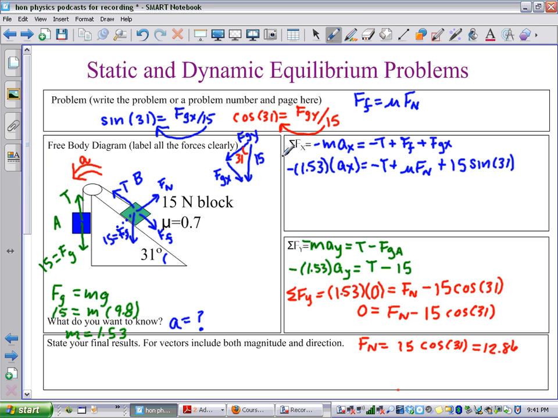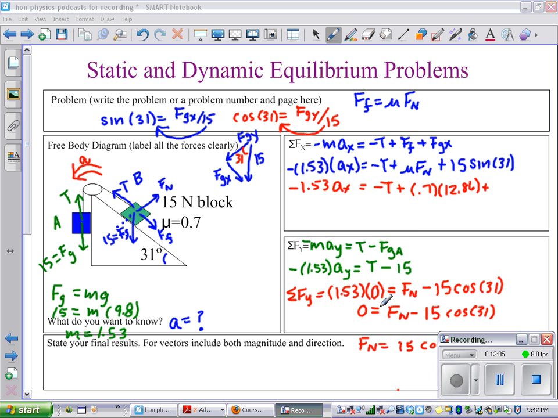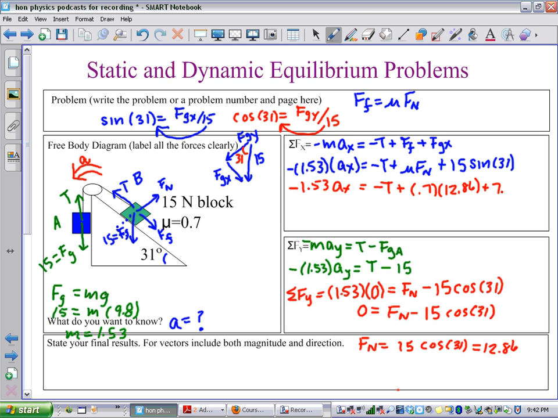Let's go back up here and see if that helps us out. 1.53 AX equals negative T plus mu from over here is 0.7, 12.86 plus 7.73.